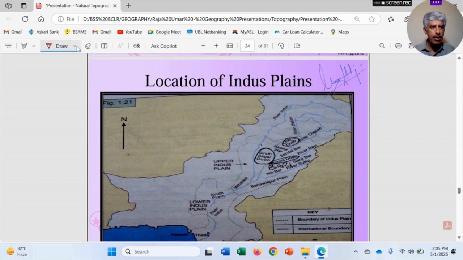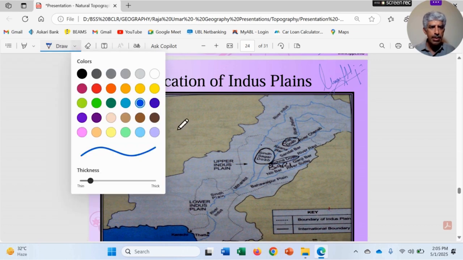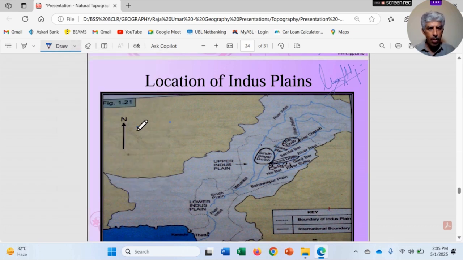I mean, if I explain over here what is meant by Doab, the land between two rivers, that is known as Doab, and it is a sort of local language word.